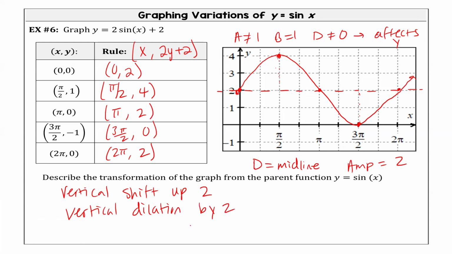And anything else? Nope. Did our period change? Why did our period not change? Because B still equaled 1. So our period is still the same.